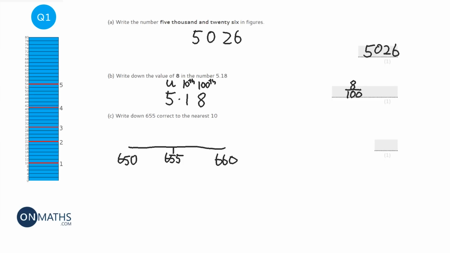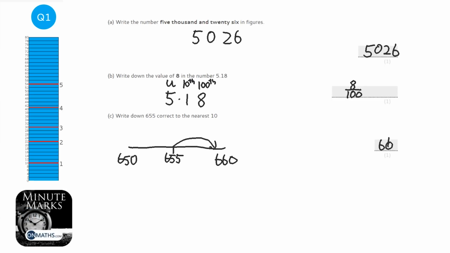This 655 is bang on halfway, and if they are halfway, they round upwards. So the answer is 660. If it was any less, if it was 654, it would round down. So if the last number is 5 or more, it will round up.